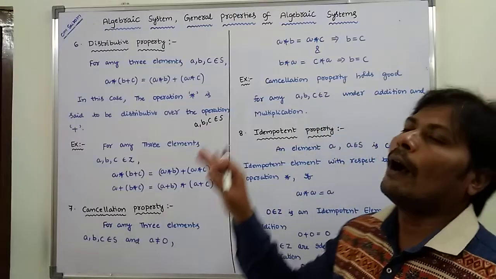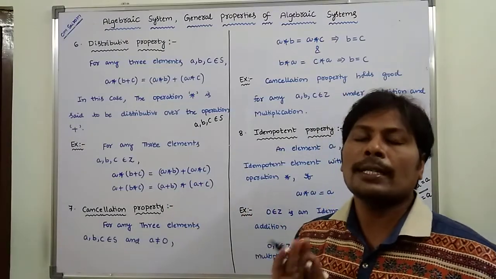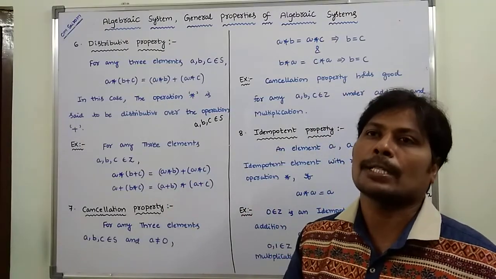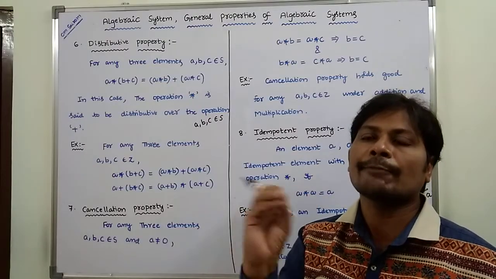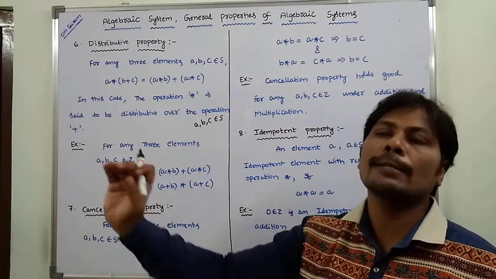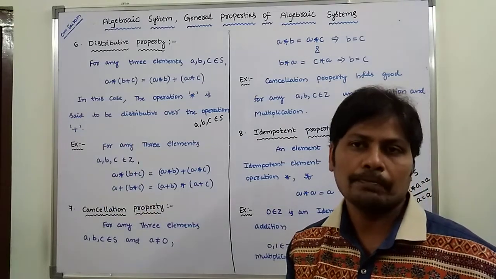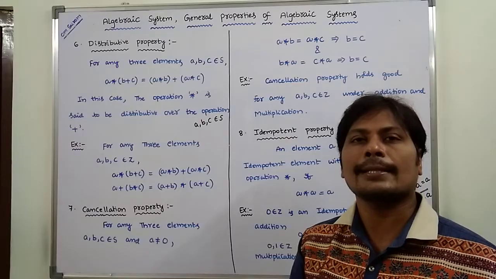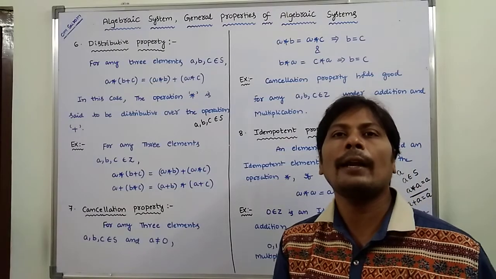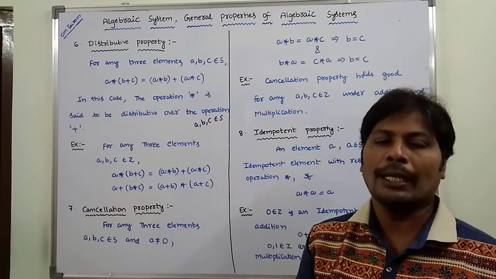So these are the general properties of algebraic system. If closure and associative properties are satisfied, then it is called a semigroup.